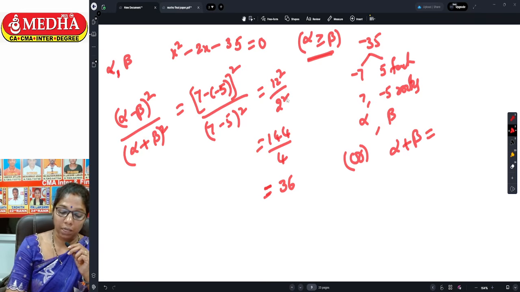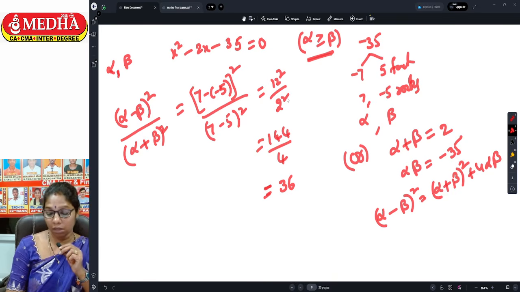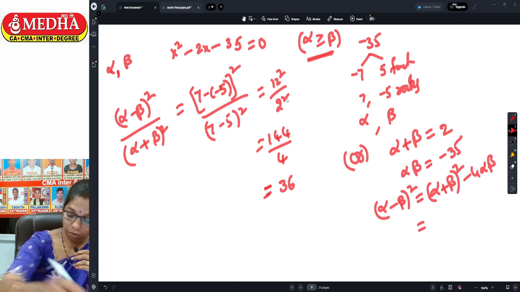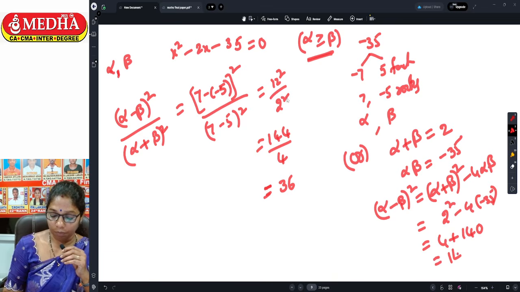Or otherwise, we know that the sum of the roots is equal to minus b by a, that is 2, and the product of the roots is equal to c by a, which is minus 35. We know that alpha minus beta whole square is nothing but alpha plus beta whole square minus 4 alpha beta. By using this formula we can answer. So alpha plus beta whole square is 2 square minus 4 into minus 35, which is 4 plus 140, 144.